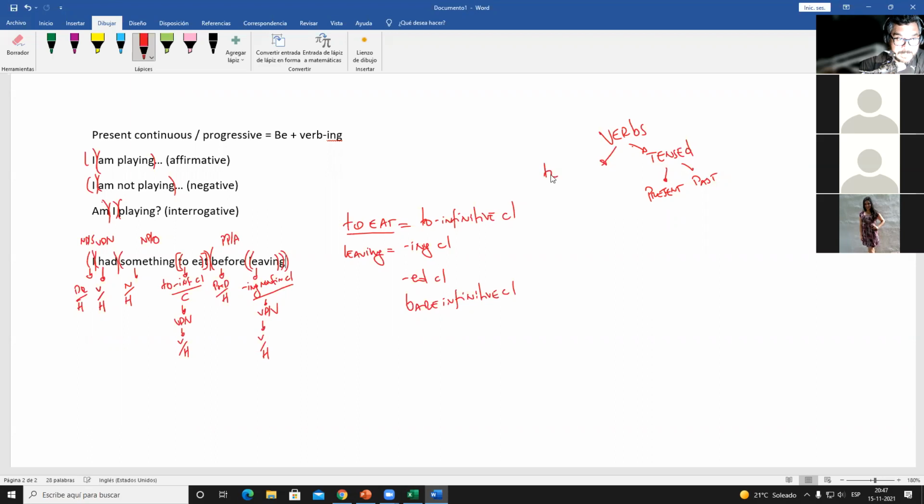Pero si son tenseless, non-finite, pueden ser to infinitive, pueden ser bare infinitive, o sea, igual que un to, pero sin el to. Pueden ser present participle, o sea, ing, or they can be past participle.